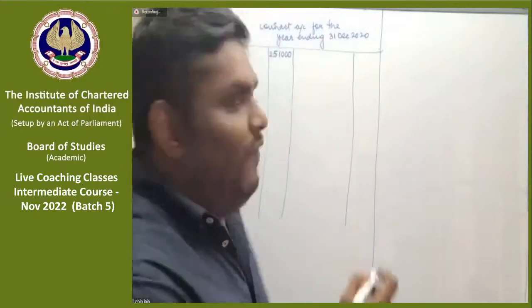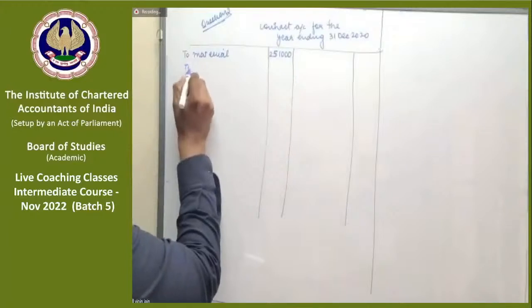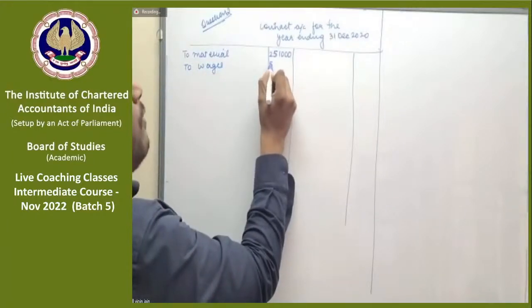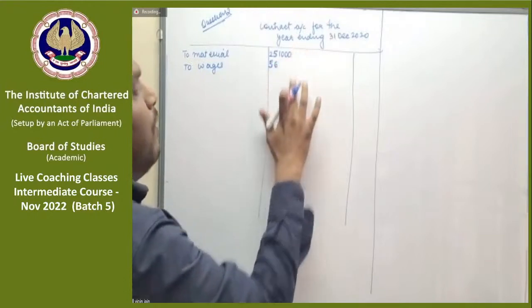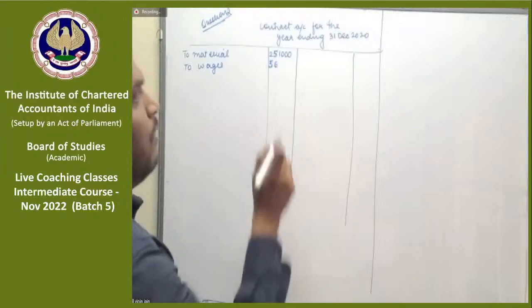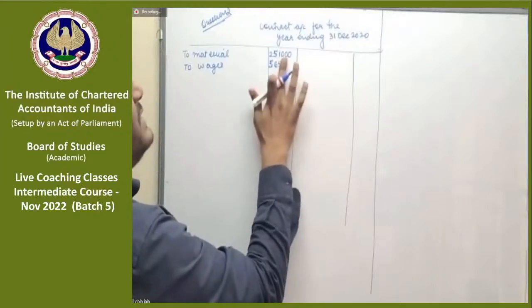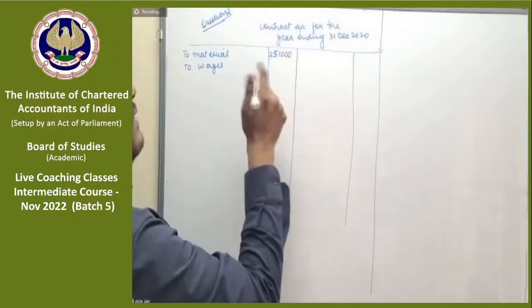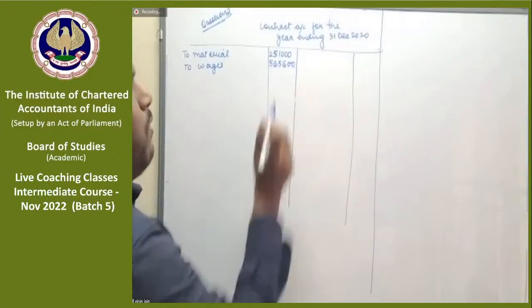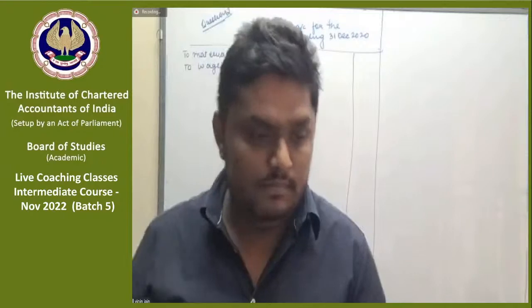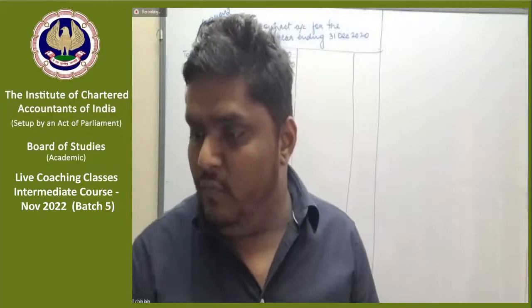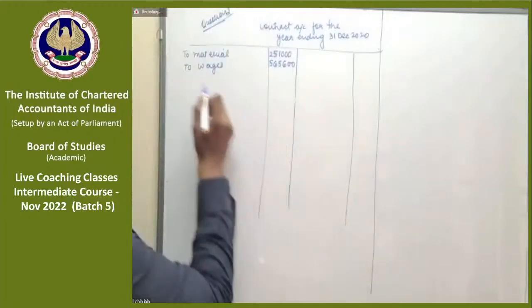To wages, 5 lakh 65,600. To salary to foreman 81,300.